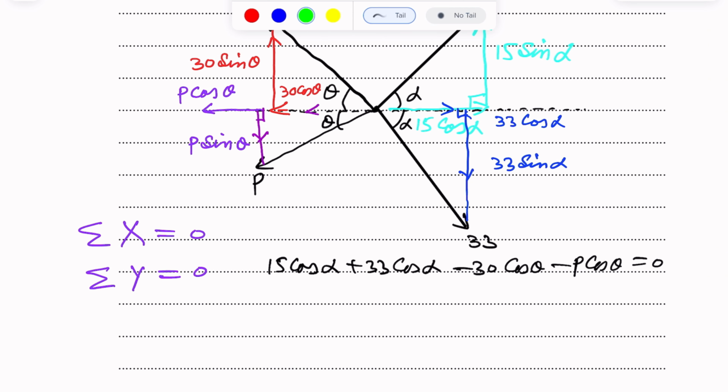Adding these two terms, we get 48 cos alpha, and we shift the other two terms to the right hand side. Now this becomes 30 cos theta plus P cos theta.